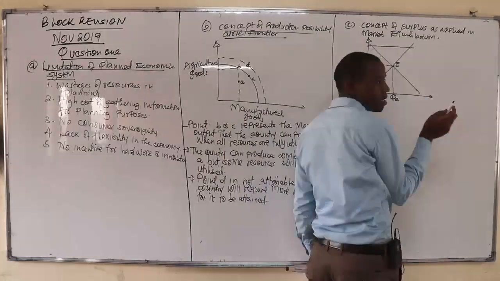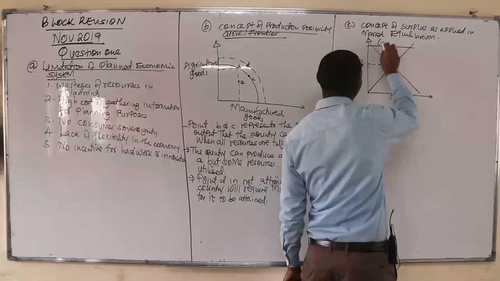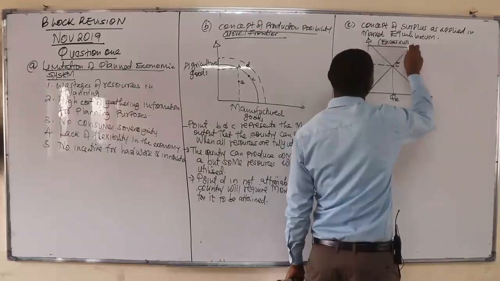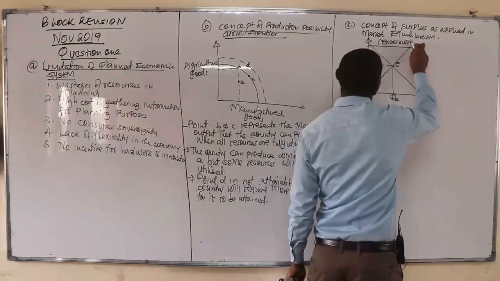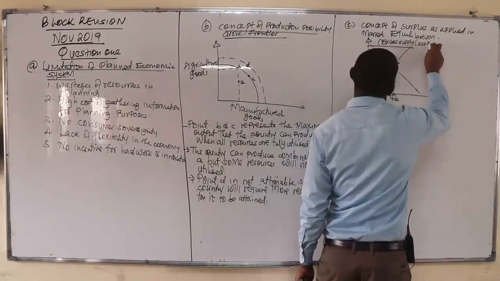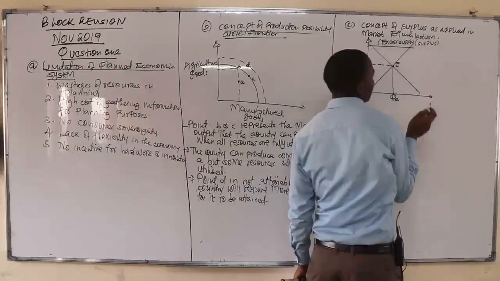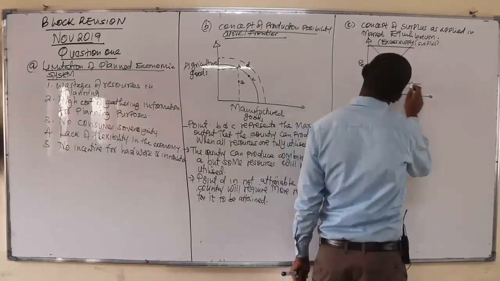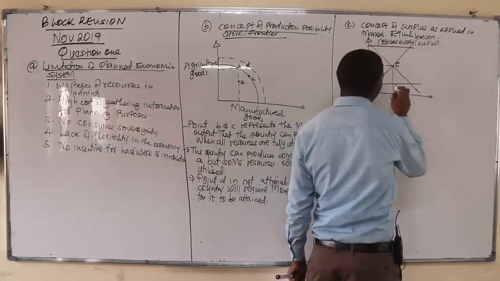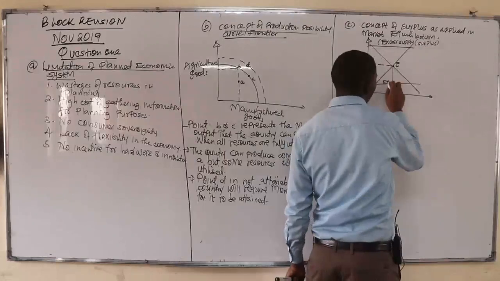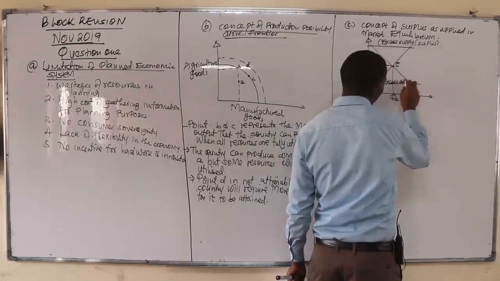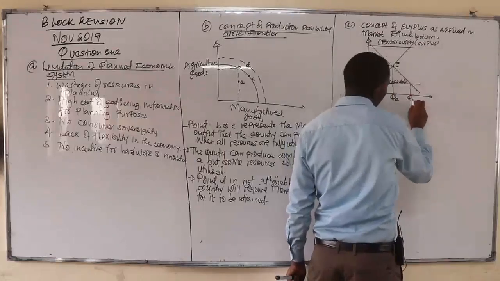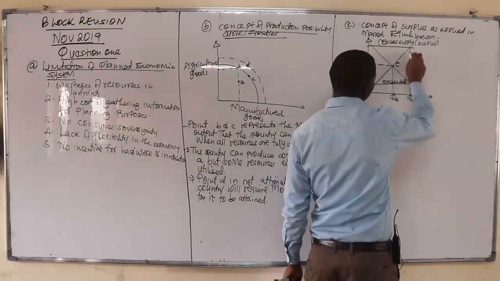Therefore, this will be excess supply, which we know will lead to what we call surplus. And here there is excess demand. More quantity demanded here, and the same case here, more quantity supplied.